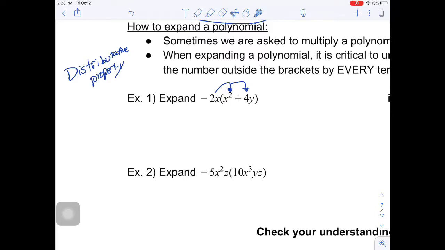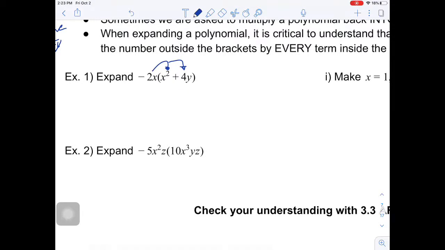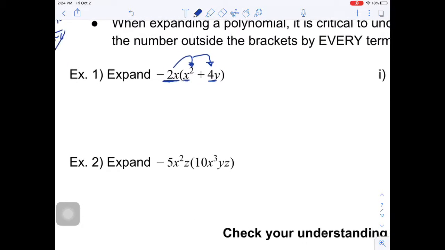Sorry, I spelled that totally wrong. That should say distributive. Okay, the distributive property. Think about what distributing something means. Amazon distributes packages all throughout the world. You could see each term being a little home, and then this guy on the outside being an Amazon delivery guy, and he's delivering all the packages to each home.